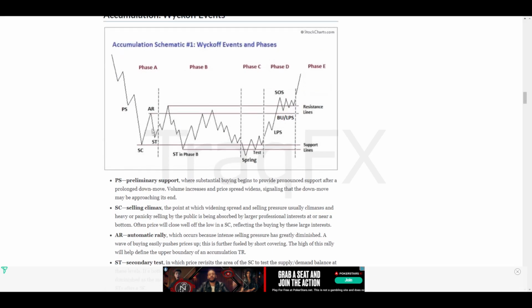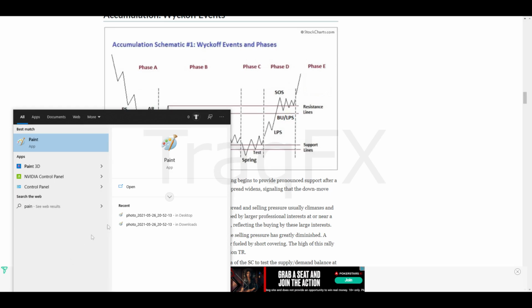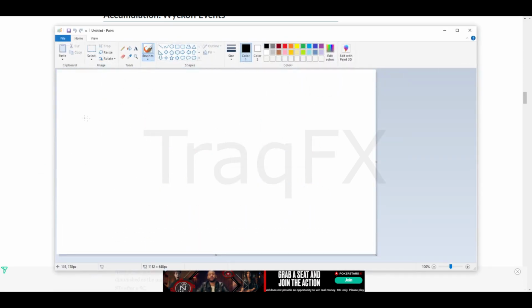Now a secondary test is basically the market coming back down to pick up any orders at the selling climax. So you know how we have order blocks and institutional candles and demand zones? Let me open up Paint and explain this in a really simple way. You have your mark down and then this push up.